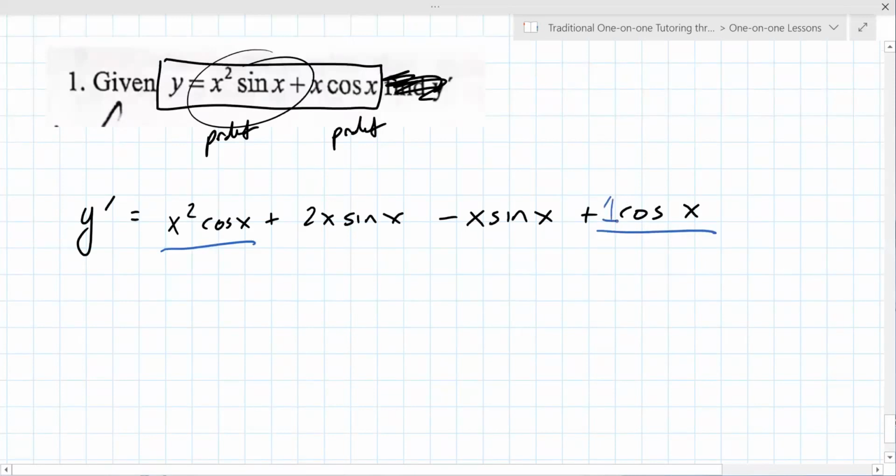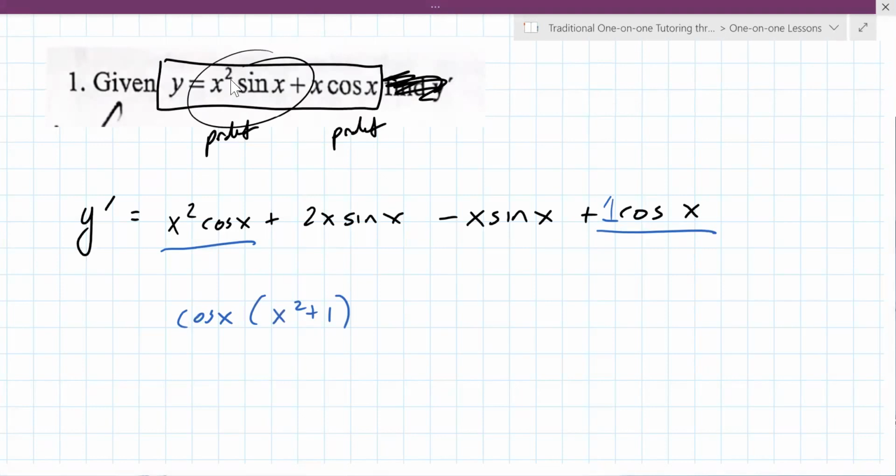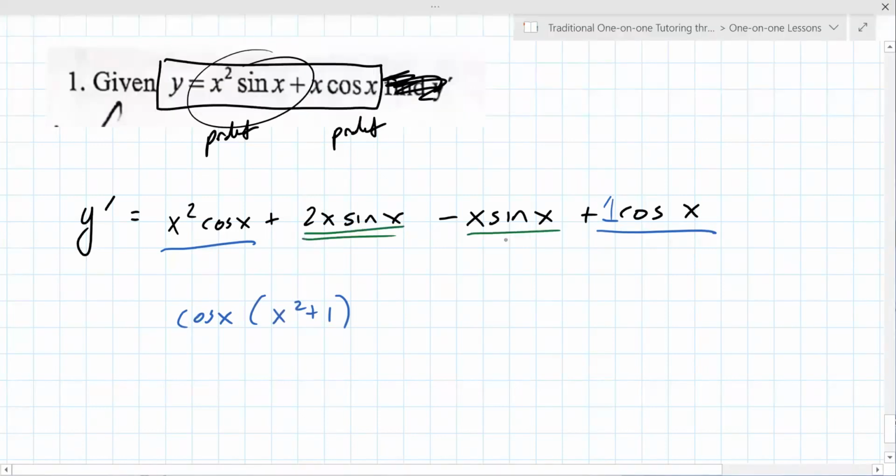If you factor out a cosine x from both, x squared plus 1 is left over. Then these you can just combine because they both have an x in front: there's 2 x's and then minus 1x, so it becomes plus 1x sine x. Oh, okay. Gotcha.